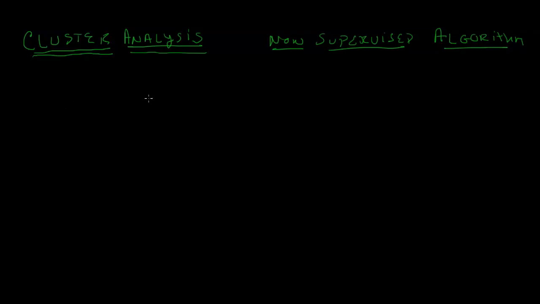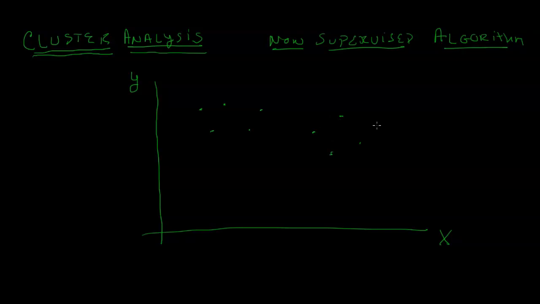Okay, so the easiest way to visualize this is only to take two measurements on the data. So let's call it X and Y, and we'll create a data set that is in X and Y. Perhaps I have created this in such a way that there might be some obvious clustering.